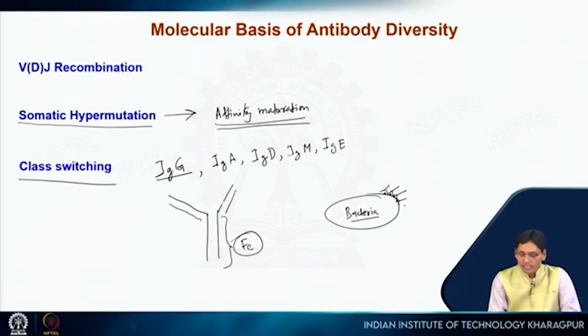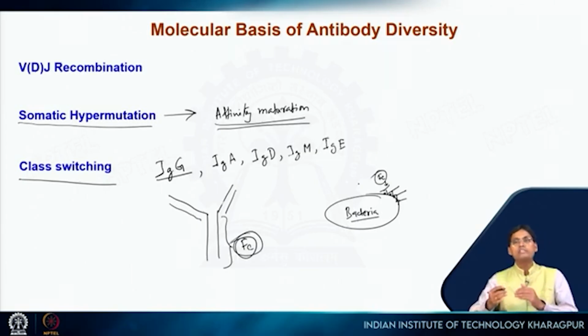Now this is the Fc region, okay? Some immune cells have Fc receptors, and different types of Fc receptor are present, for example Fc gamma and Fc epsilon, depending on the type of immune cell. So this Fc region will bind to the Fc receptor present on those immune cells, and they will recruit other immune cells so that they can kill this pathogen and clear the infection very effectively.